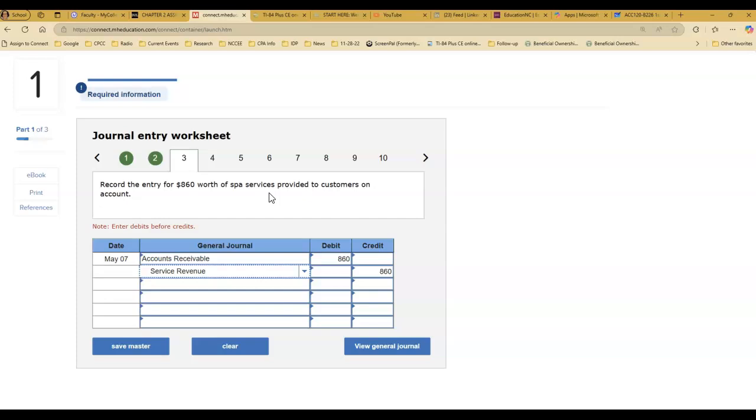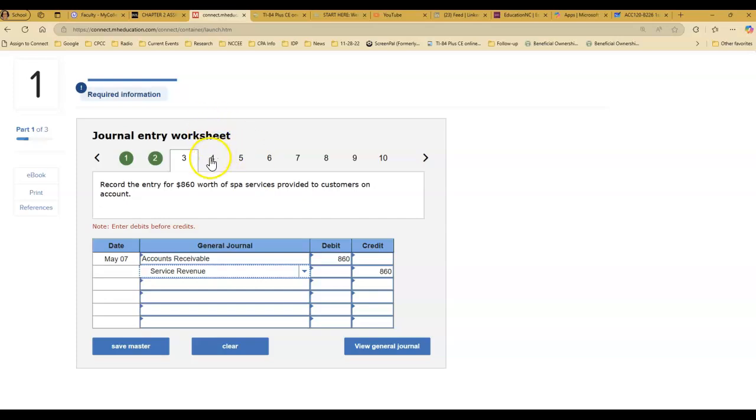But if it said that we sold spa supplies to them, I don't like that word, but anyway. Maybe somebody came in, got a manicure, really loved that nail color, and decided to buy a bottle of that nail color. Does that go under service revenue? That's sales revenue. Okay?